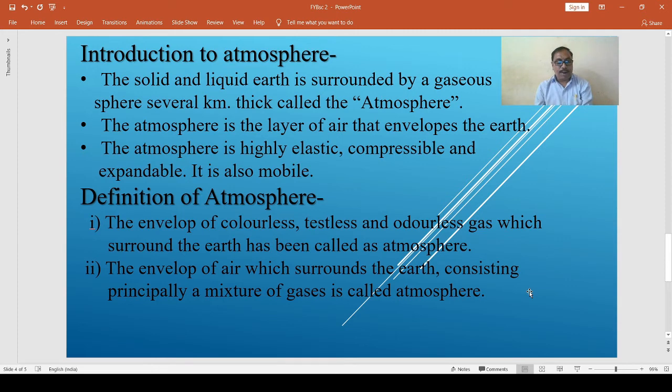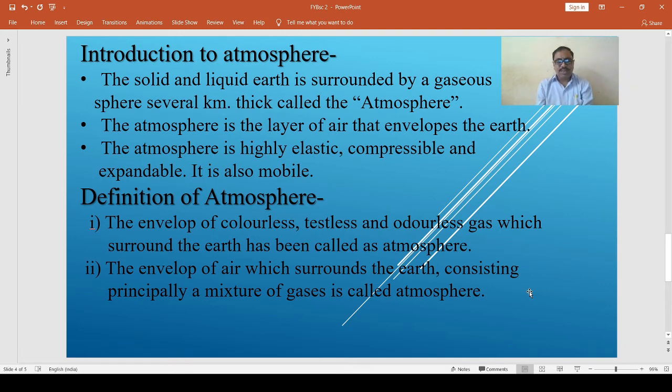The extension of atmosphere is about, here we can say, 320 kilometers from the surface of the earth. According to some, this extension may be 960 kilometers to 1220 kilometers from the surface of the earth.